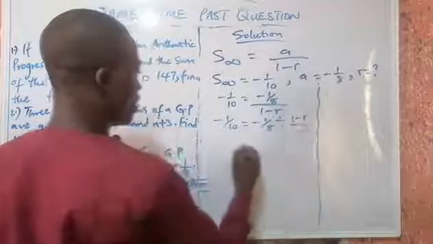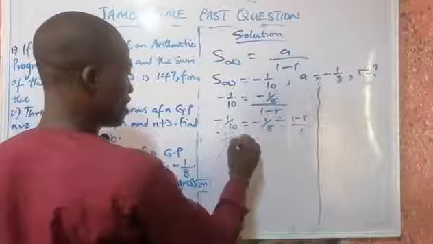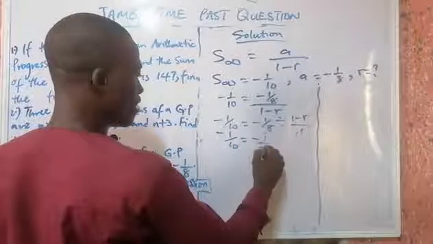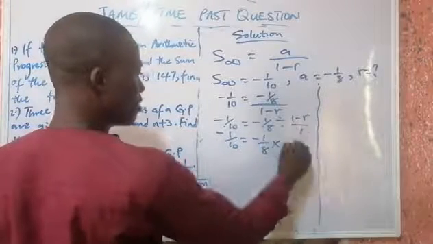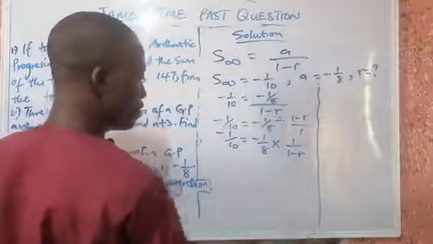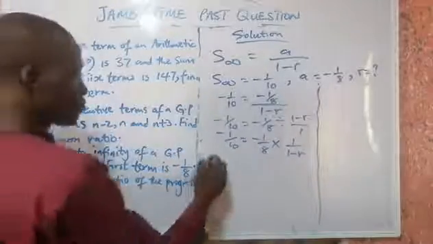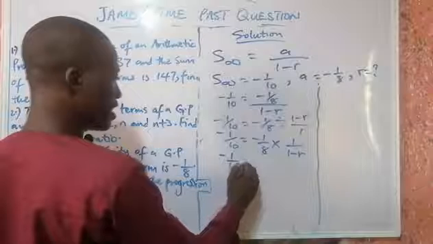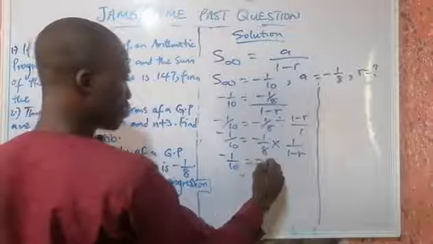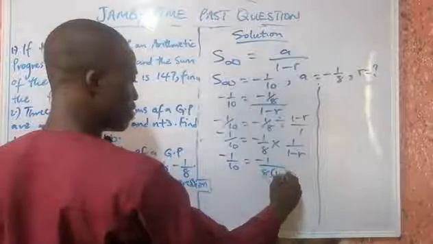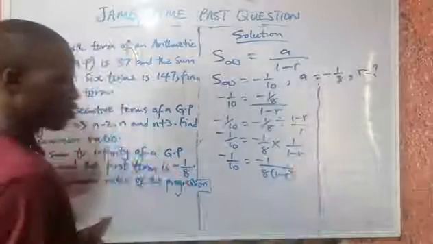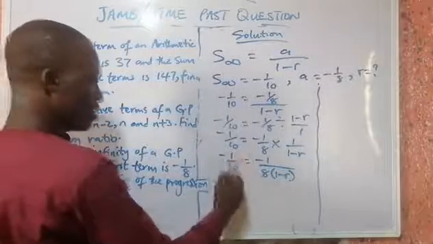Okay, let me put this over 1, and that will be minus 1 over 10 equals minus 1 over 8 bracket 1 minus R. So let's cross multiply, bringing this to this side.